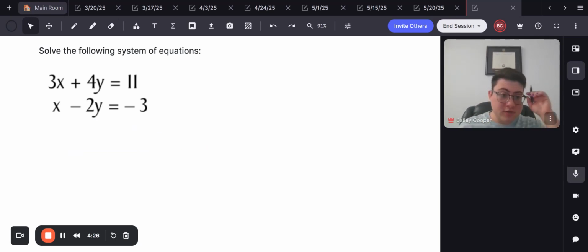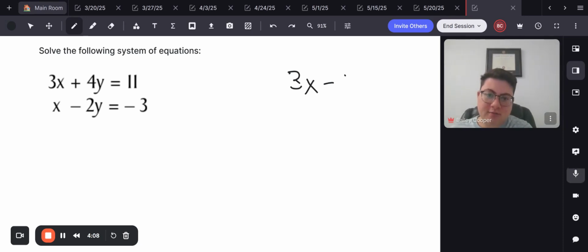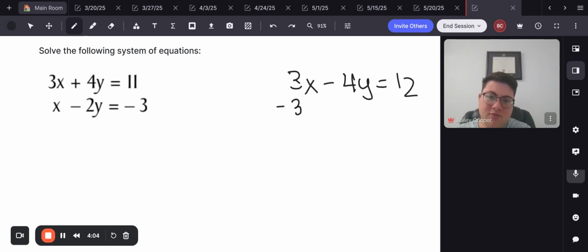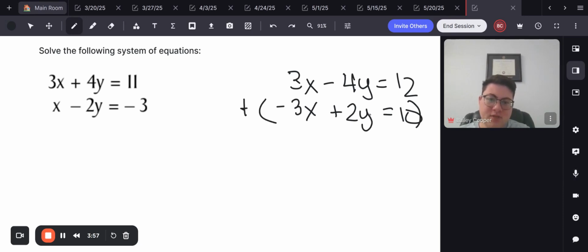The way elimination works is that our goal is to either add both of these equations together or subtract one from the other, so that one of the variables gets canceled out completely. For example, if you had 3x minus 4y equals 12, and negative 3x plus 2y equals 10, and you add these two equations together, 3x plus negative 3x is 0.